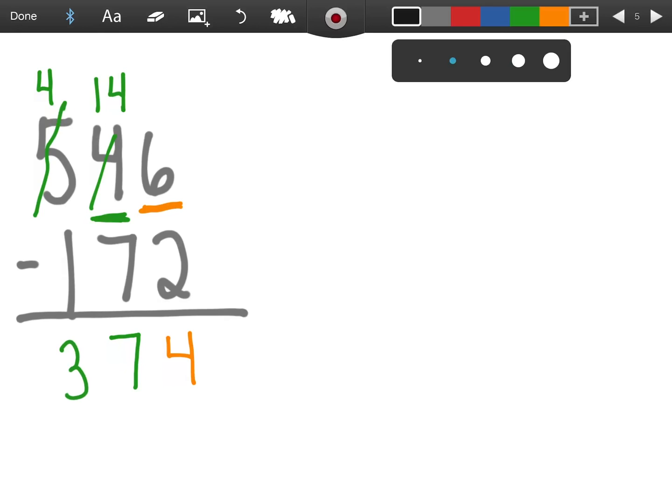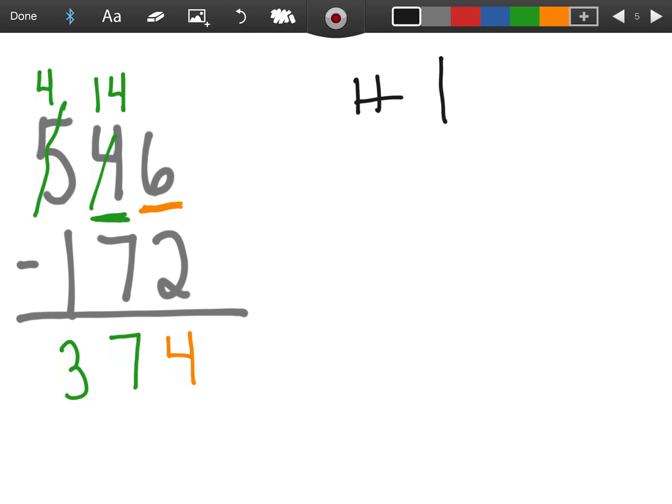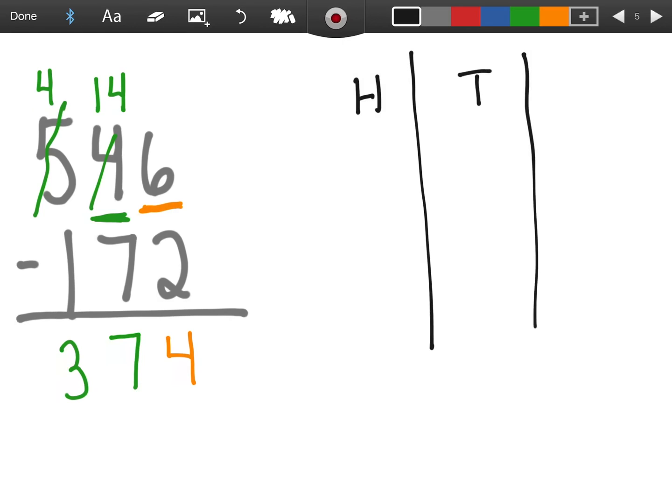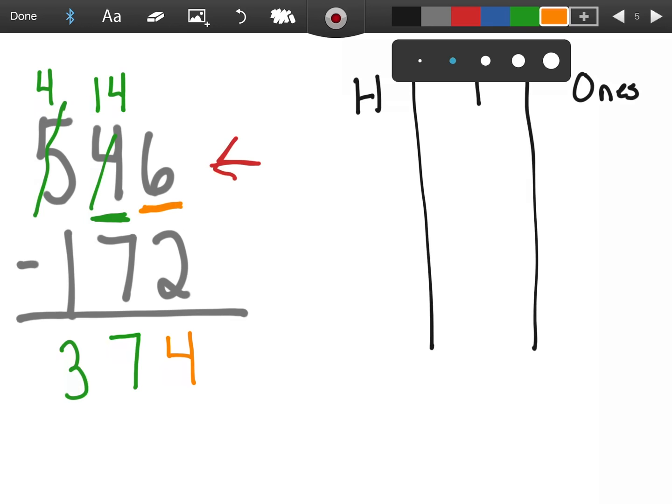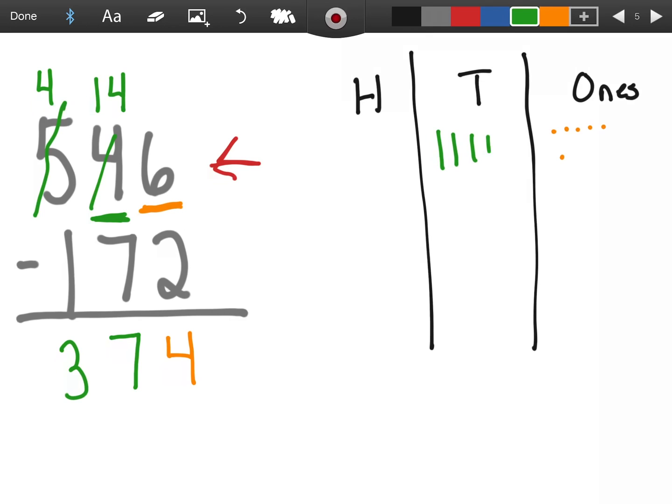I'm going to go ahead and check that using the hundreds, tens, and ones chart. I'm going to do it real quick. So what I'm going to do is look at this top number first. We had 546, so I'm going to quick draw 6 ones, 4 tens, and 5 hundreds.